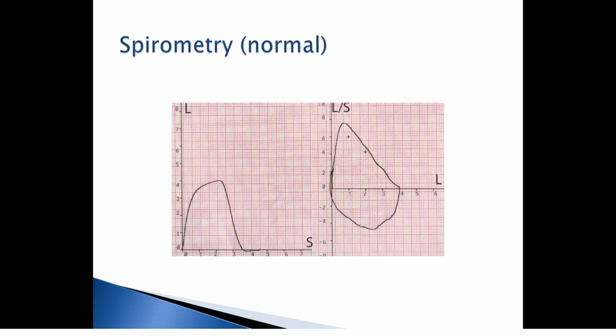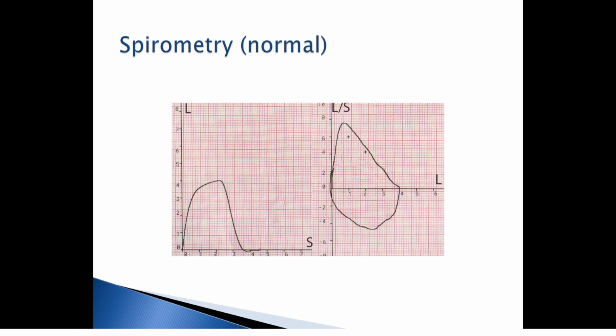And now I want to show you how spirometry looks. I show you the flow volume curve and the liter volume time curve. FEV1 is very clearly visible in the volume time curve. Here you see a high amplitude of the curve and short duration of exhalation.